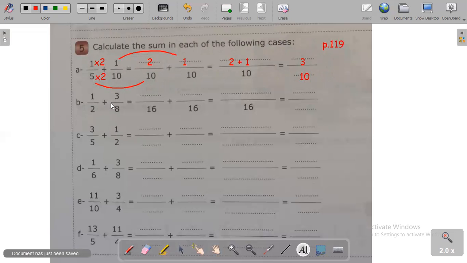Now 1/2 plus 3/8. They don't have the same denominator. We want to make them the same, but we want them to be 16. So 2 times what equals 16? 2 times 8. So we multiply this fraction by 8.